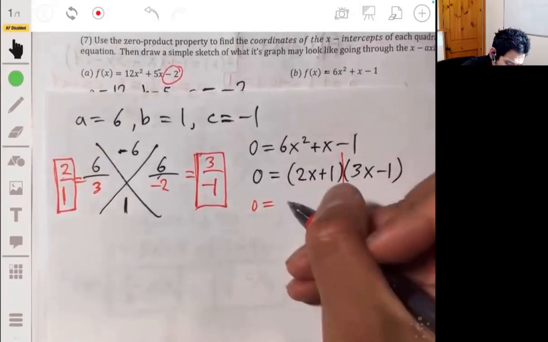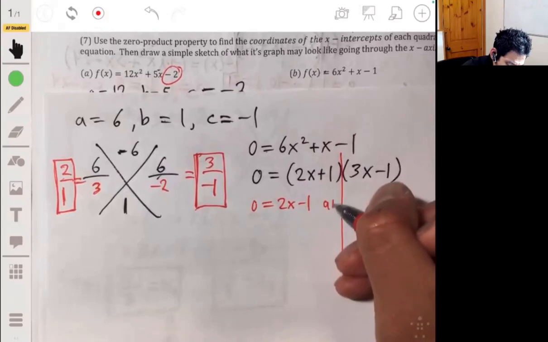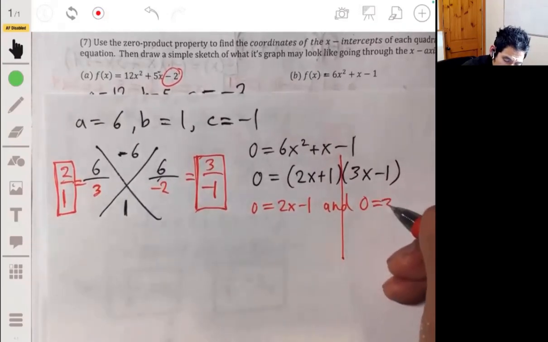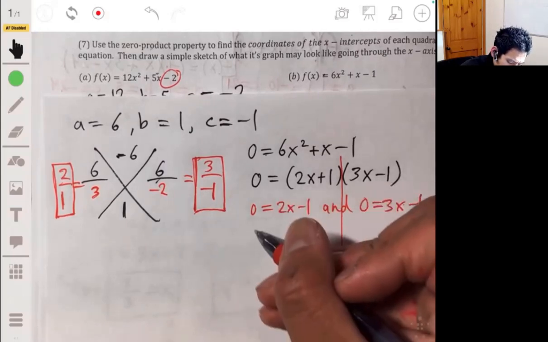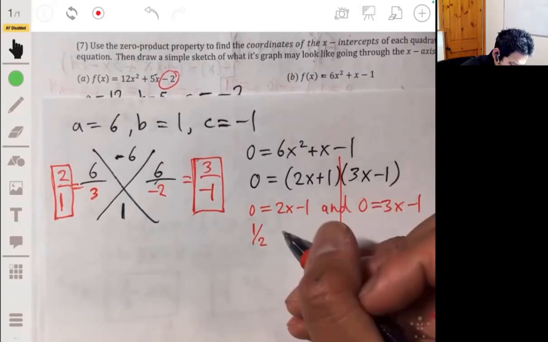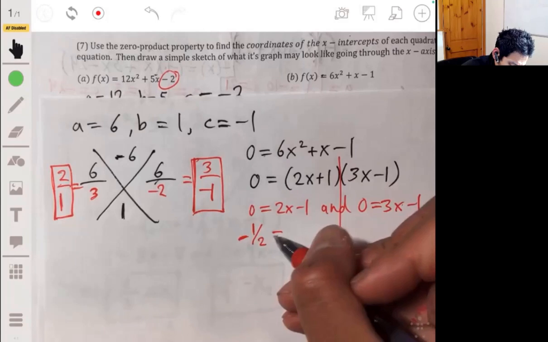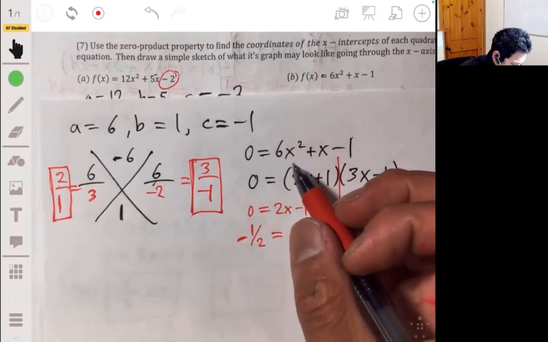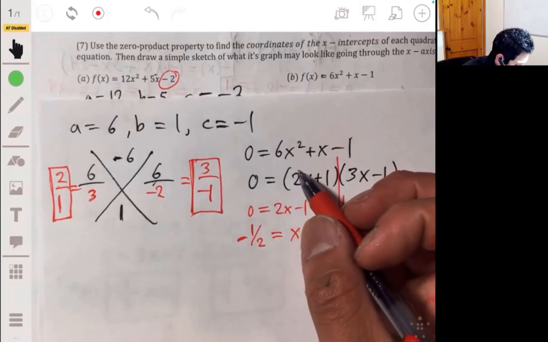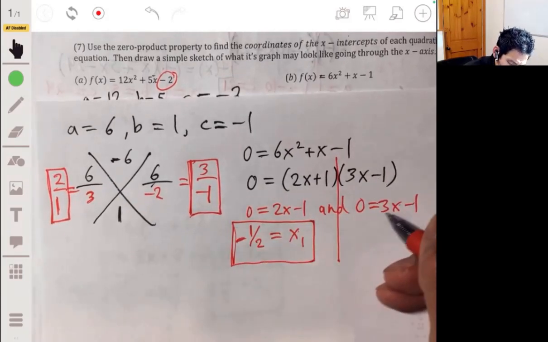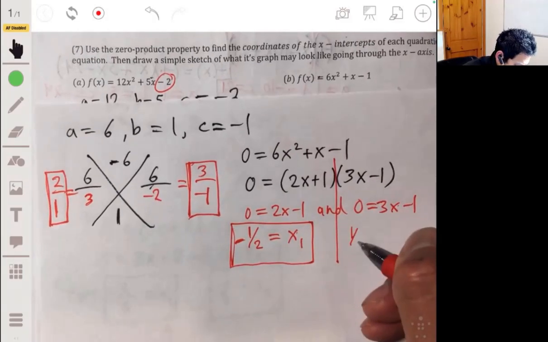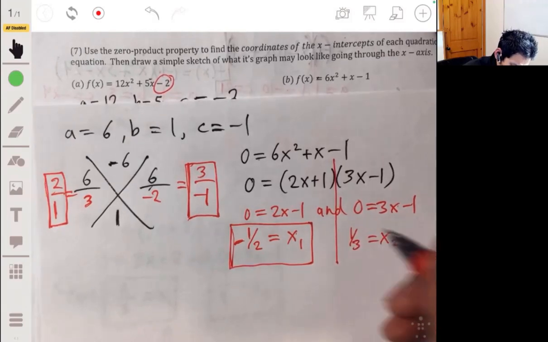So 0 equals 2x plus 1, and 0 equals 3x minus 1. Solving, we get negative 1/2 equals x1, and 1/3 equals x2.